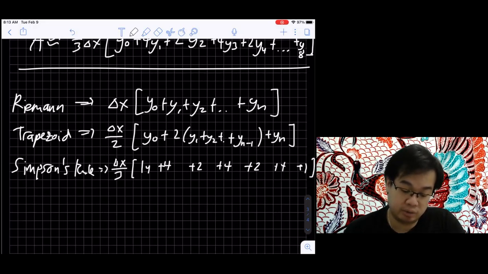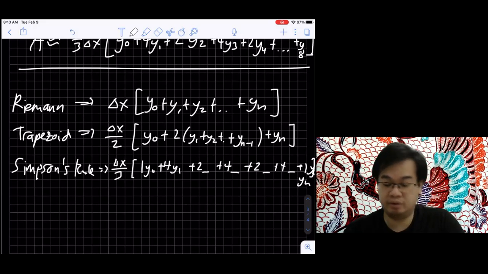Yeah, and this is y0, this is yn, and it follows the odd number, even number, odd number, even number until yn. n is an even number. So that's for Simpson's rule method.